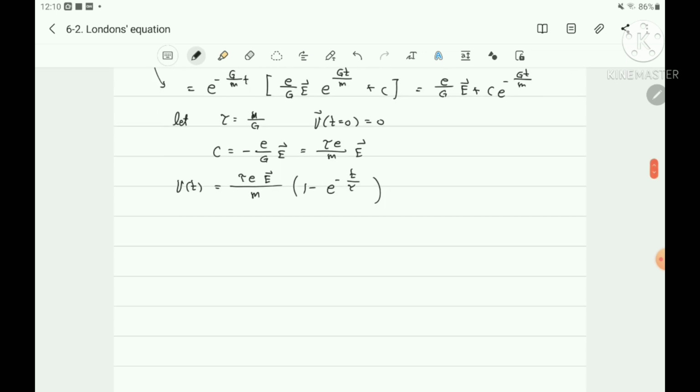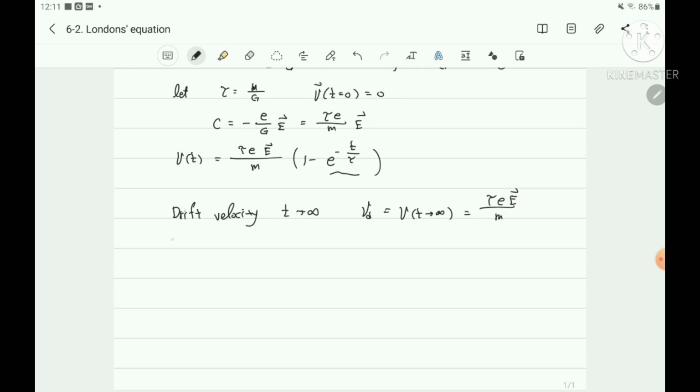We call it the drift velocity. Drift velocity for t equal to infinity: for a long time, the drift velocity is, because this term goes to 0, e tau over m E.